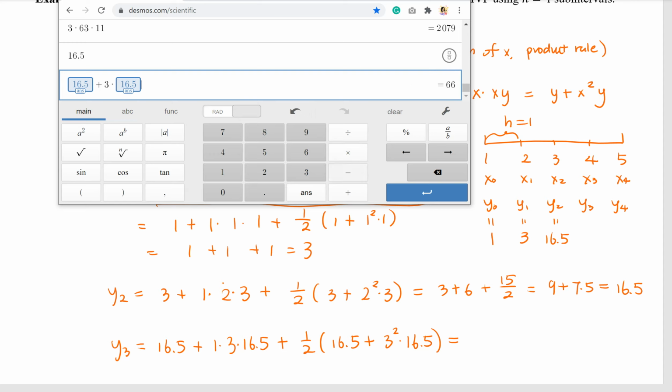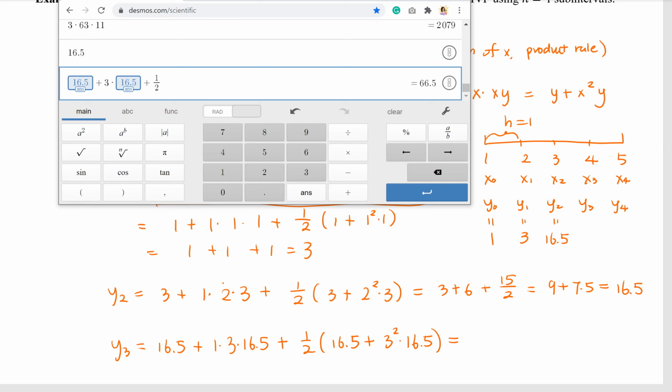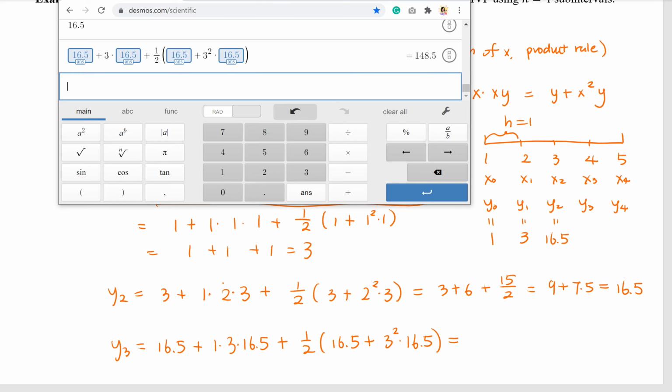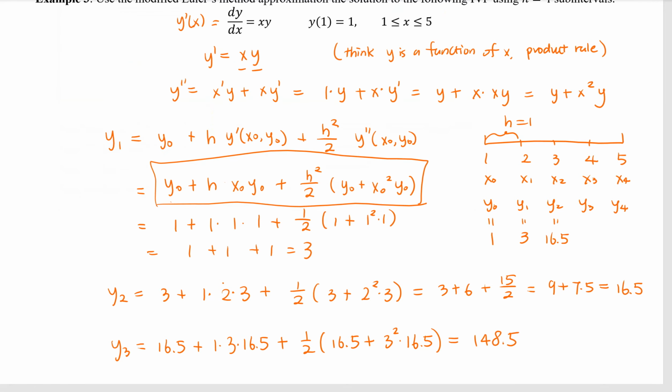And then plus 1 over 2 times the answer, plus 3 squared, and then times the answer. See? And then close it. Enter. We get 148.5. Okay? So 148.5.